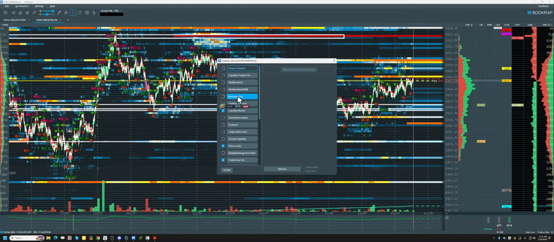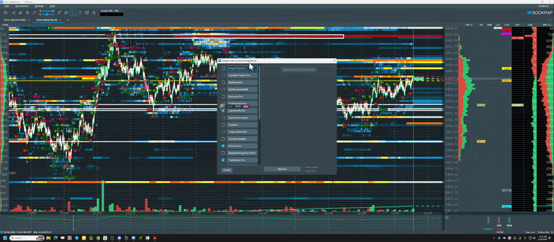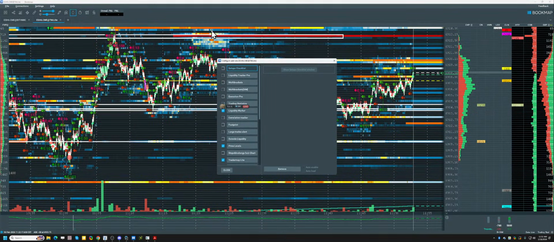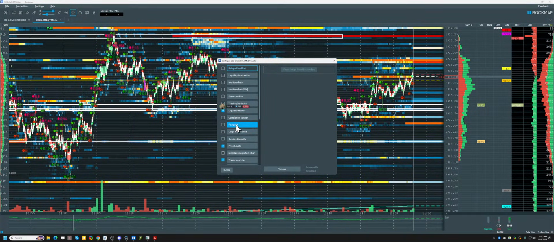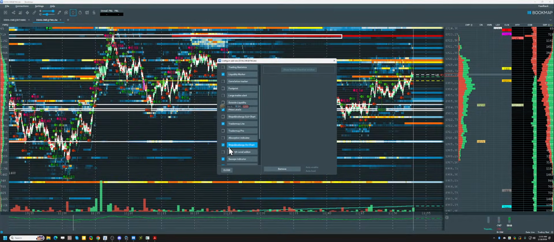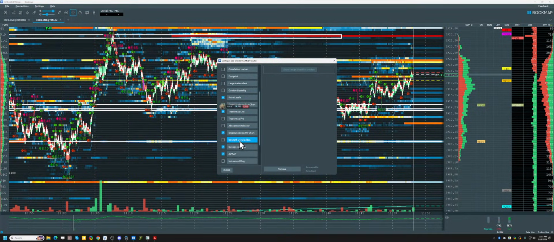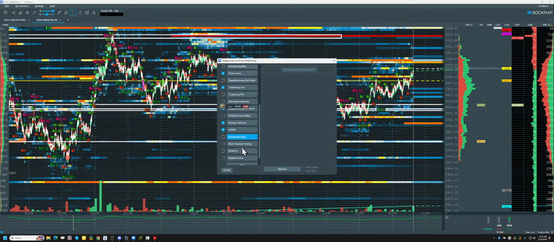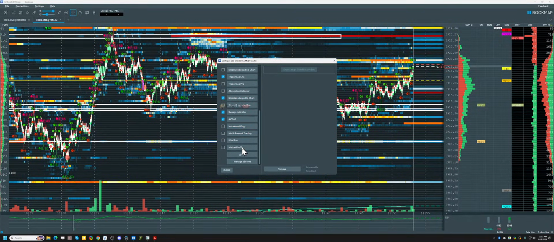Bracket trading, execution pro, trading statistics, liquidity marker. This shows me the adds and pulls on the liquidity, so I can see what's going on in the limit book. The footprint, if you're inclined, me, not so much. Outside liquidity, price levels, stop and iceberg, sweeps, there's absorption, VWAP, market profile, they just added.